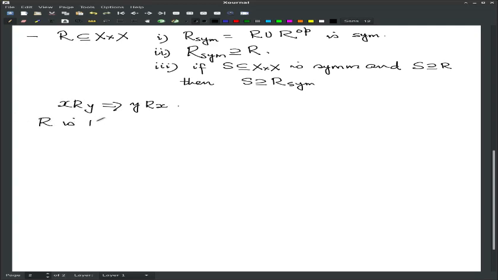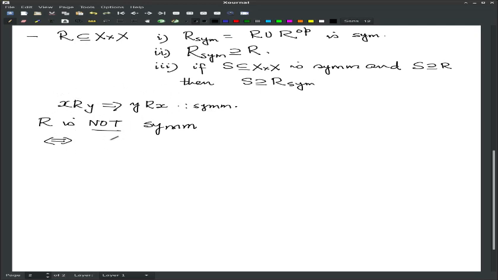R is not symmetric. This means that this statement is false.